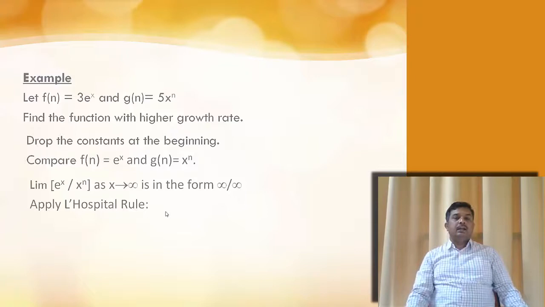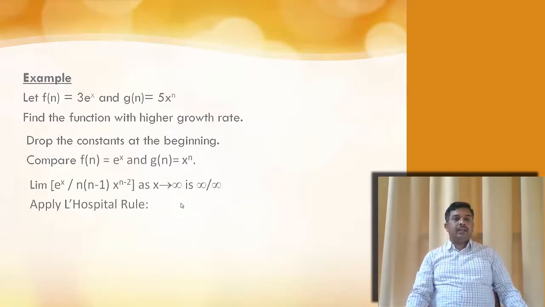So it is an infinity by infinity form. So we'll apply L'Hospital rule. So we'll differentiate the numerator and the denominator. So e to the power x differentiation is e to the power x. x to the power n's differentiation with respect to x is n into x to the power n minus 1. As x tends to infinity, again it is an infinity by infinity form.